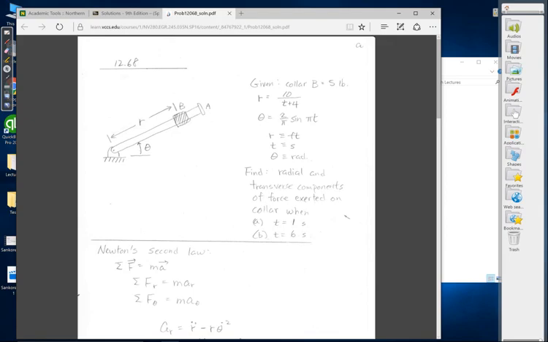But if you were to go ahead and draw the figures, this is what you would draw. I draw my collar, and I'm going to draw all the forces acting on it. I know there's going to be a radial force, so this is force radial. I know there's going to be a transverse force, force transverse.